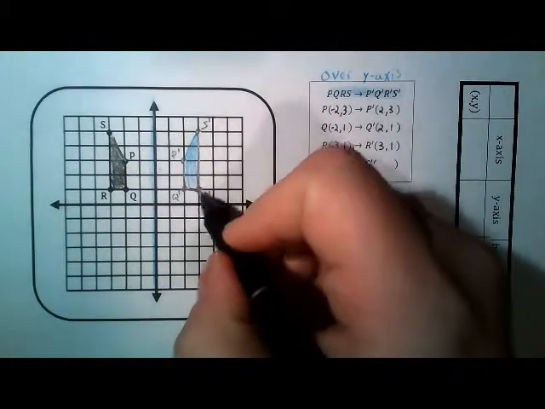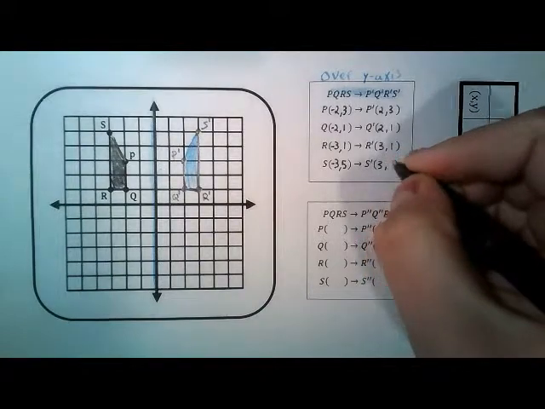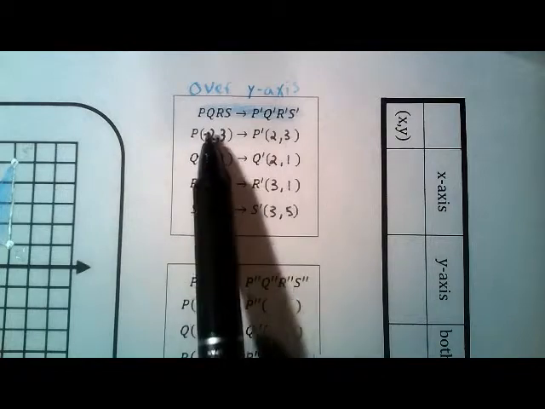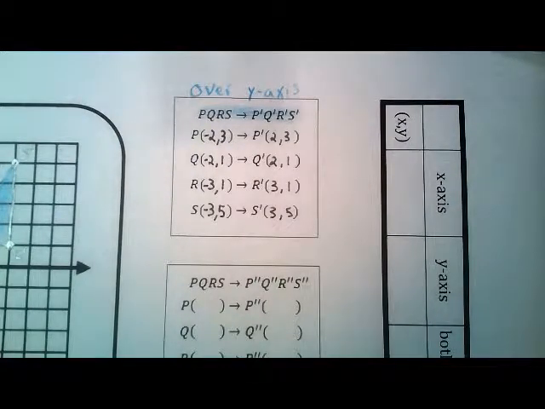And the new S is at 3, 5. So if we just focus in on the table that we just created, do you see a pattern when we flip over the y-axis between these xy pairs and then the corresponding xy pairs? So I want you to try and think about what that pattern is. Okay.